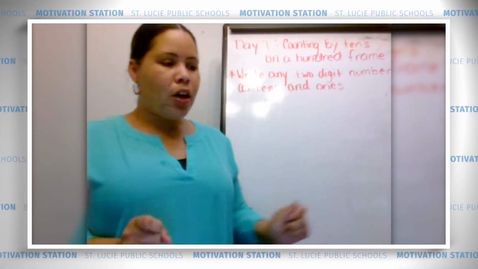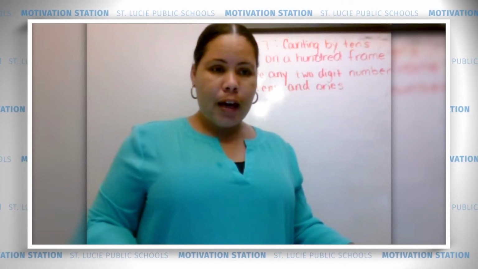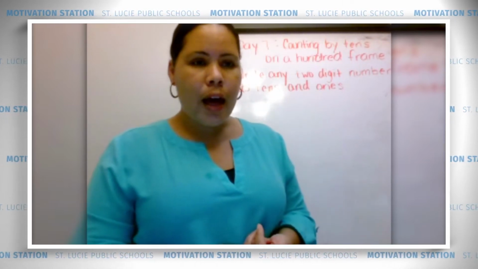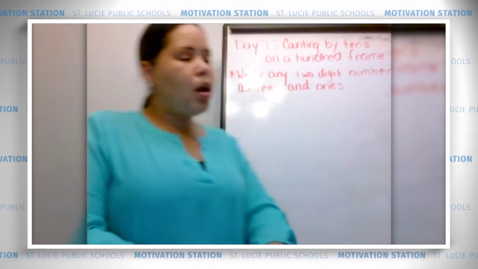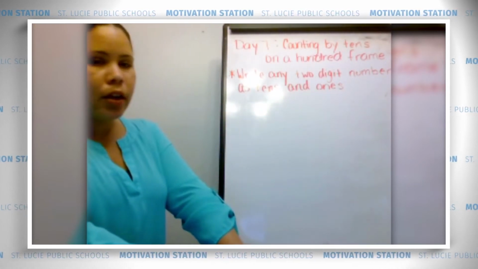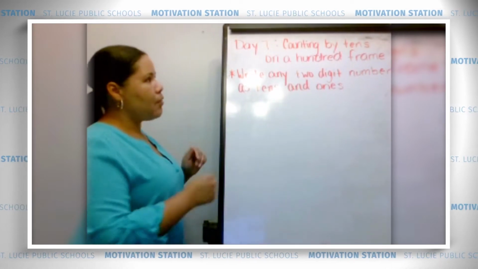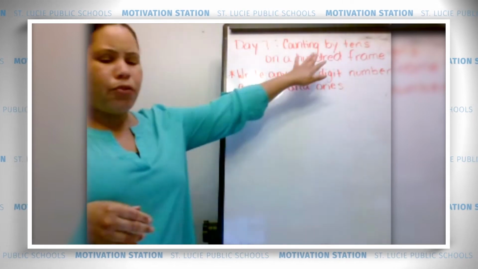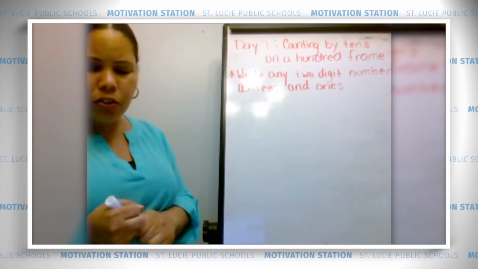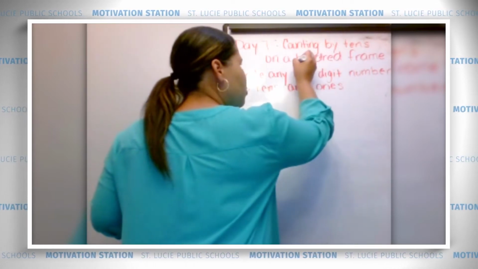So today you're going to need your workspace book again, a pencil, and I'm going to be working with a different type of frame. But before we do that, let's look at our goal. So for day 7, we are counting by tens on a 100 frame. 100 frame? That's new.